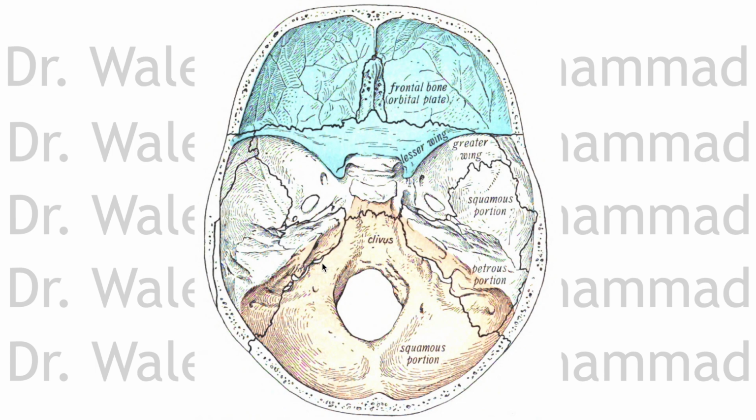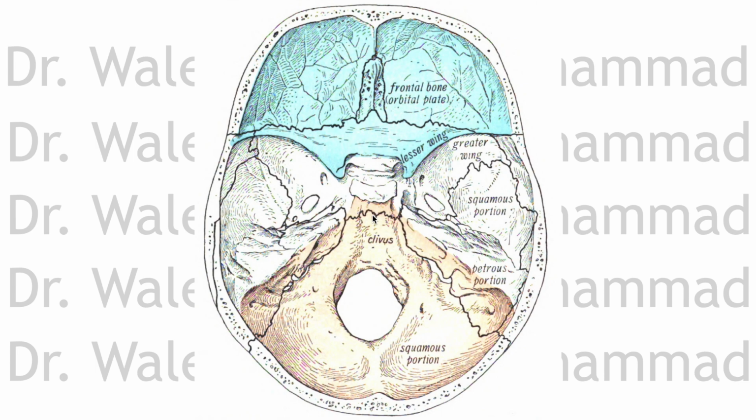Here is the beginning of the posterior cranial fossa, which is at a slightly lower level than the middle and the anterior. You go down from anterior to posterior, the anterior cranial fossa being the highest, then the middle, then the posterior.